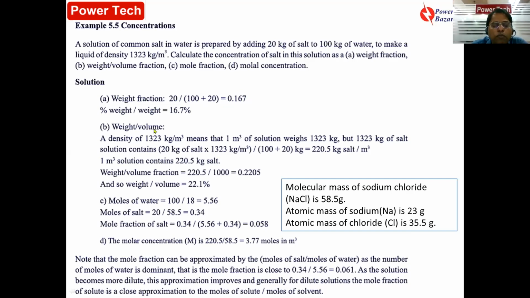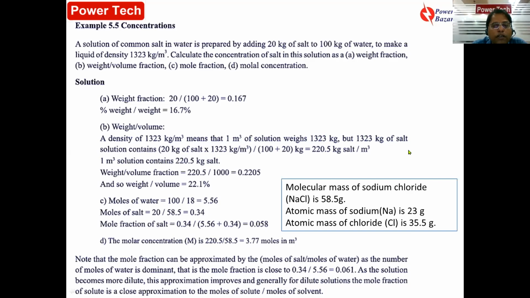Now weight by volume. Weight by volume means what is the density? 1323 kg. That means 1 meter cube of solution weighs 1323 kg. So this is the solution density. But 1323 kg of salt solution will contain how much salt in meter cube?